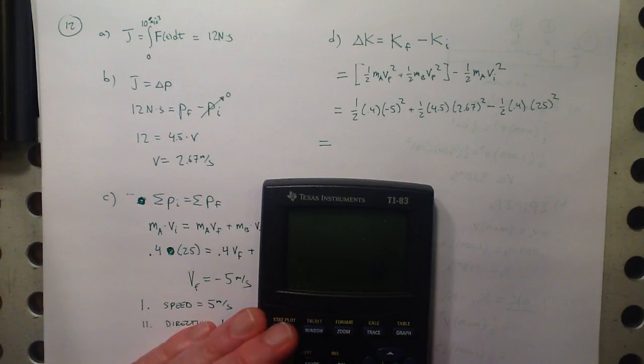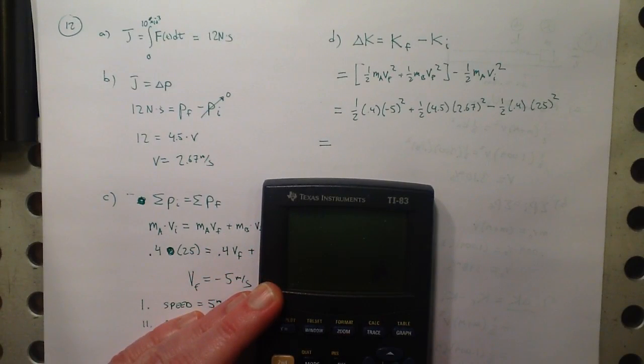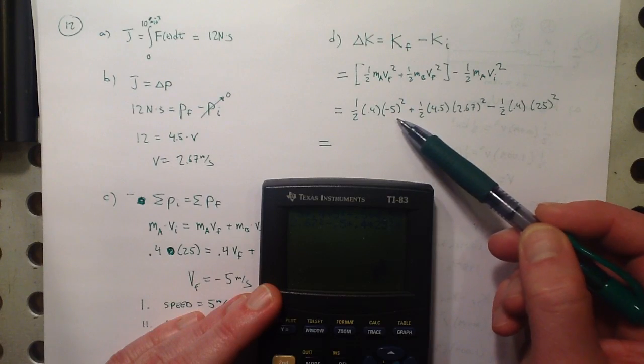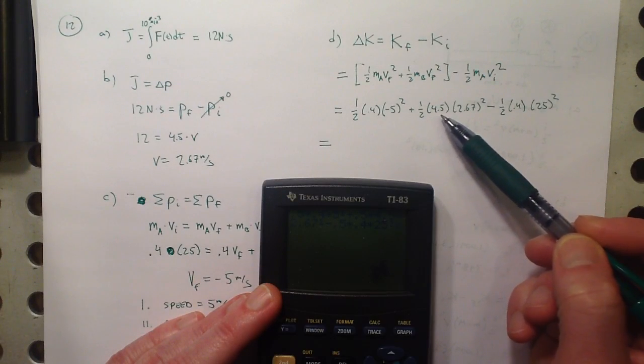And let's jam that all in there and see what we get. I dropped that negative sign because I'm squaring it anyway, right? I knew that would go away. All right, let me just check, make sure that's right. 0.5, 4.5.